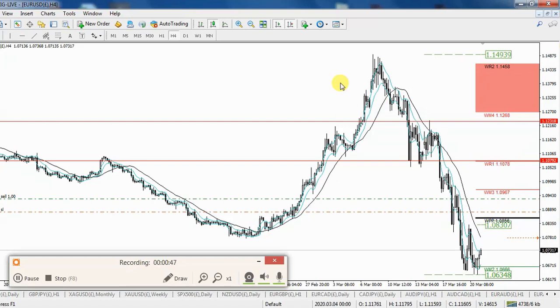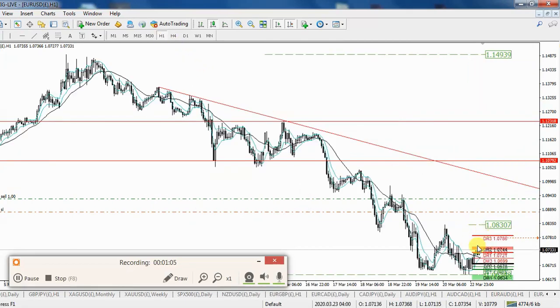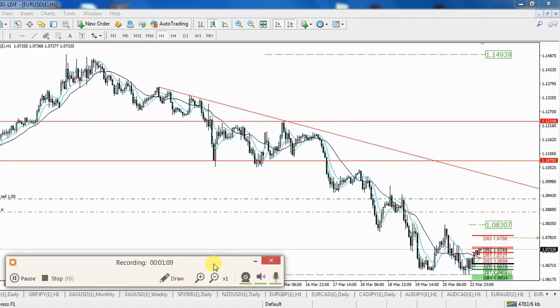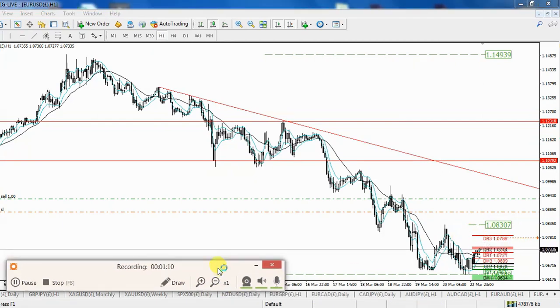So let's check out this 4-hourly chart. I'm seeing that this is the 20 period moving average, by the way, so I just put it because it could be the price is going towards that direction. So I see that as a potential resistance, which also couples up with this daily R3. So these can act as a resistance, though it's not very strong.